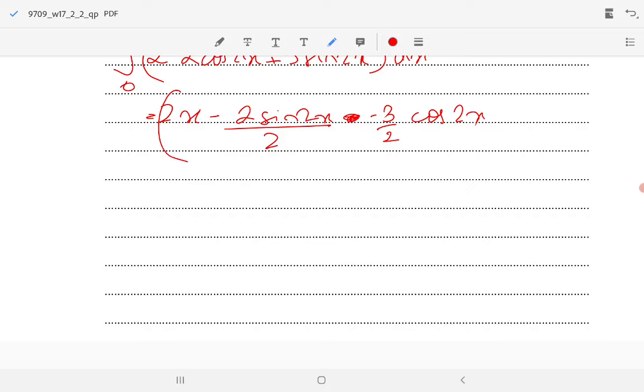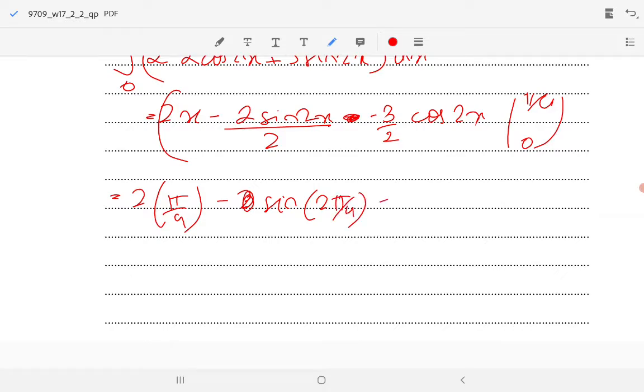And this will be integrated from 0 to pi by 4, which is 2 pi by 4 minus sine 2 pi by 4 minus 3 upon 2 cos 2 pi by 4 minus 0 minus 0 and minus 3 upon 2.